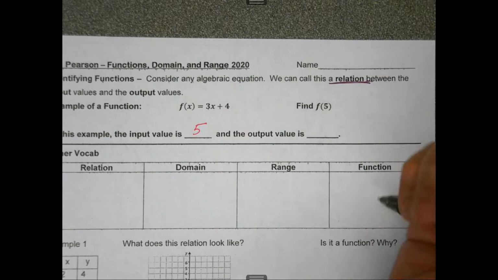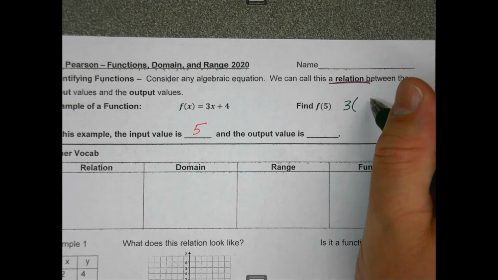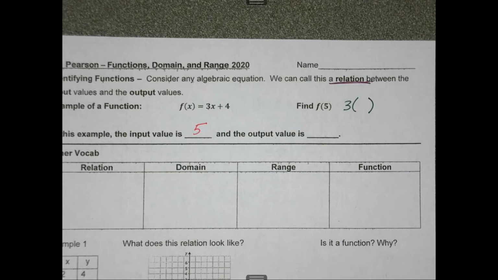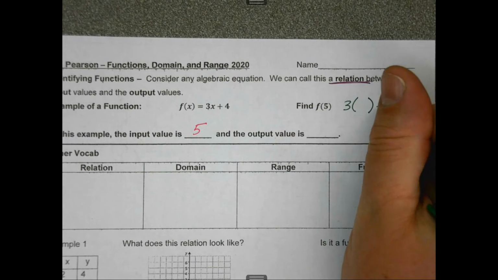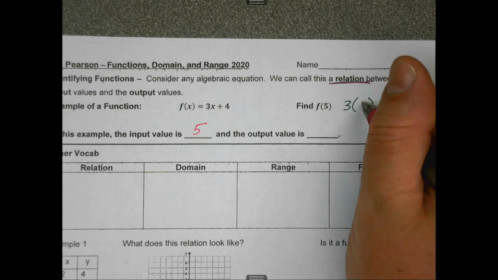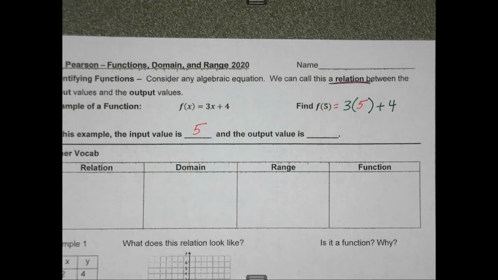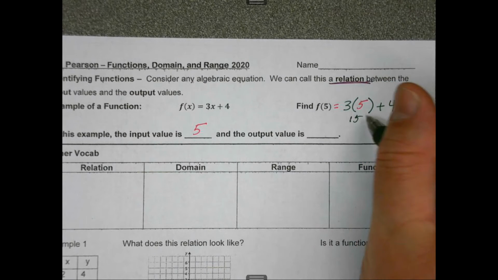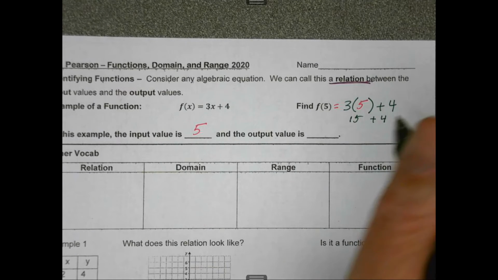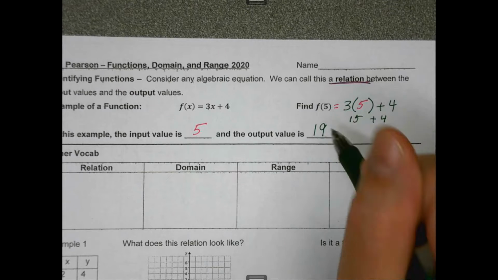So f of x equals 3, and I'm going to substitute in that 5 for x, and then add 4. My x was 5. So I compute that, 3 times 5 is 15, plus 4. So my output value then would be 19.